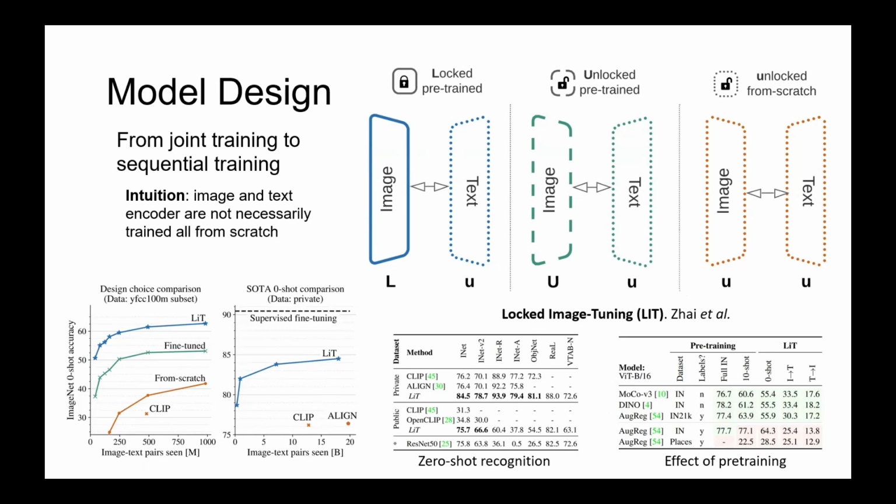The first reason is that the pre-trained image encoder has already learned a lot from the image dataset. And then these image representations can be further tuned based on the contrastive language image pre-training. As you can see here, compared with CLIP, this model significantly outperformed the original CLIP model based on this strategy.